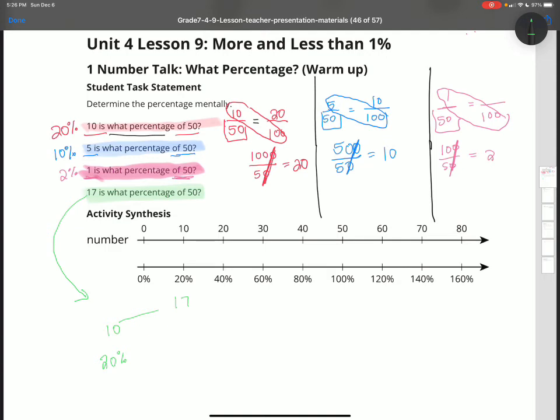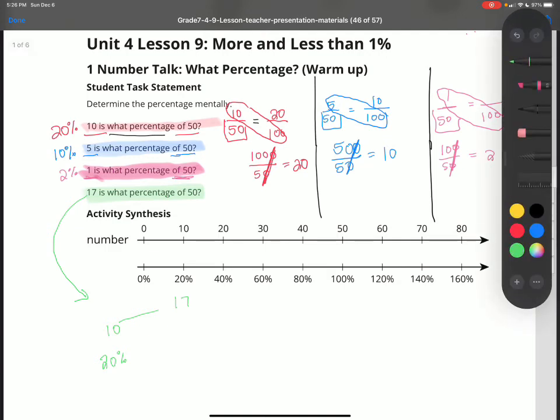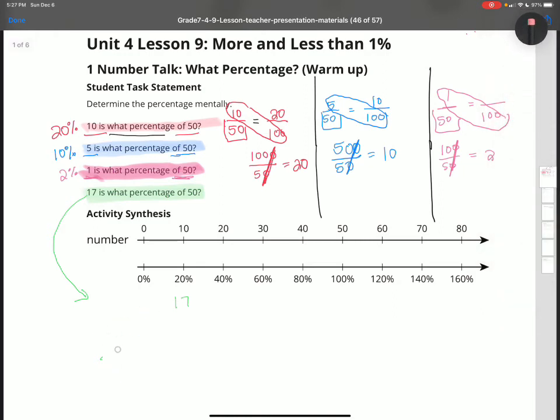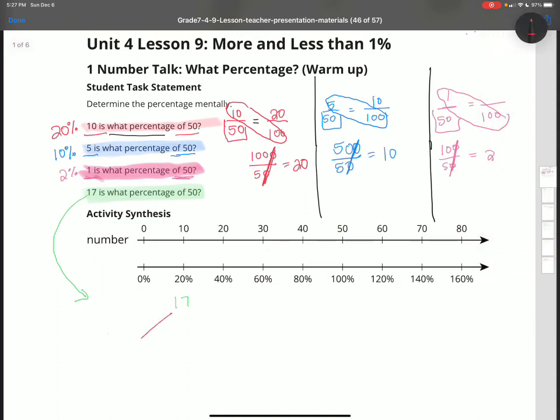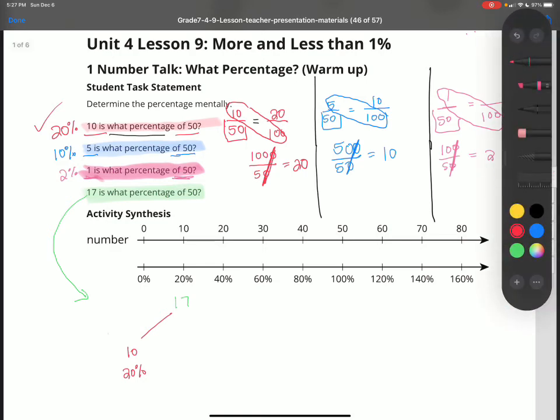But I could also take 5 from 17. How about I use color so you guys could associate it with the percentages that we used earlier. So I could take 10, which would be 20%, because 10 is 20% of 50, okay?